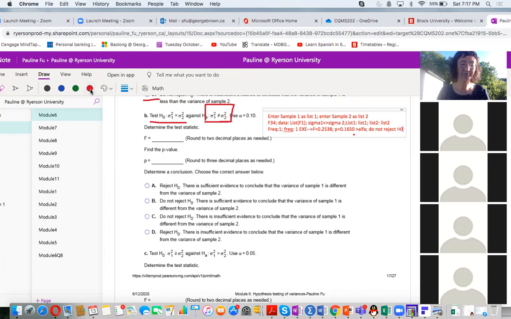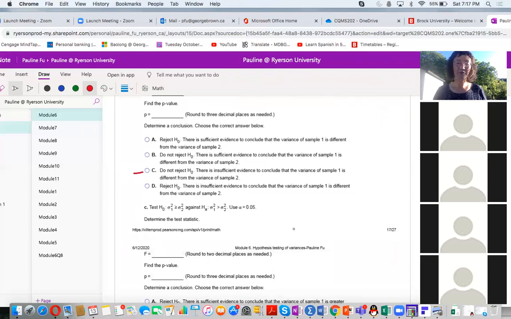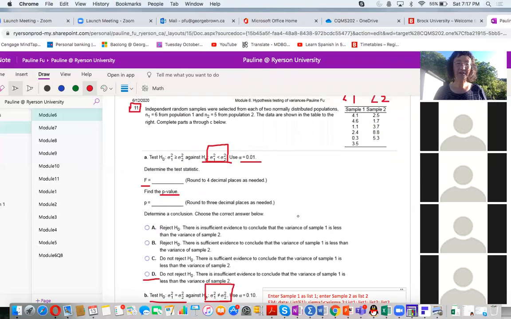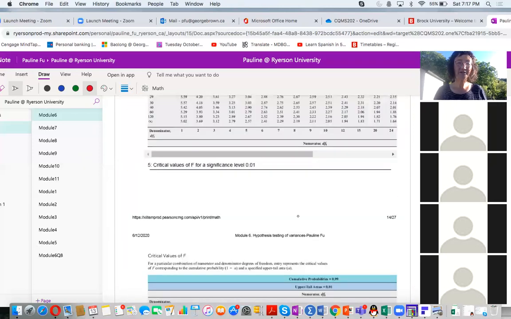Which one, B or C? C is correct, okay? There's insufficient evidence. Any questions?